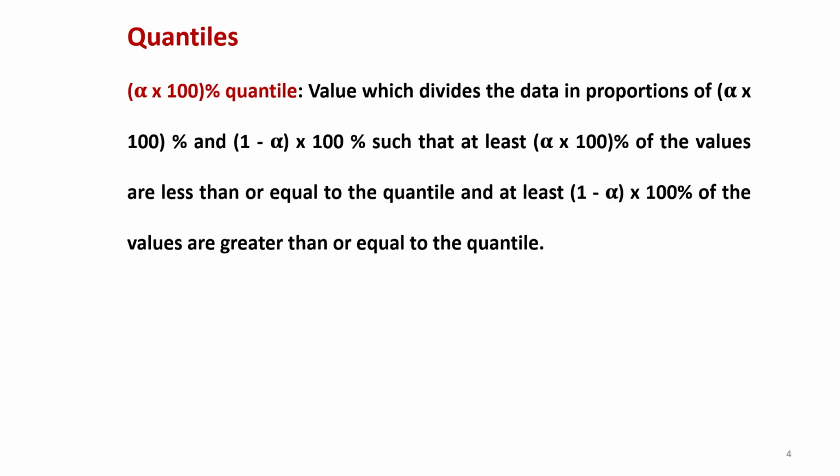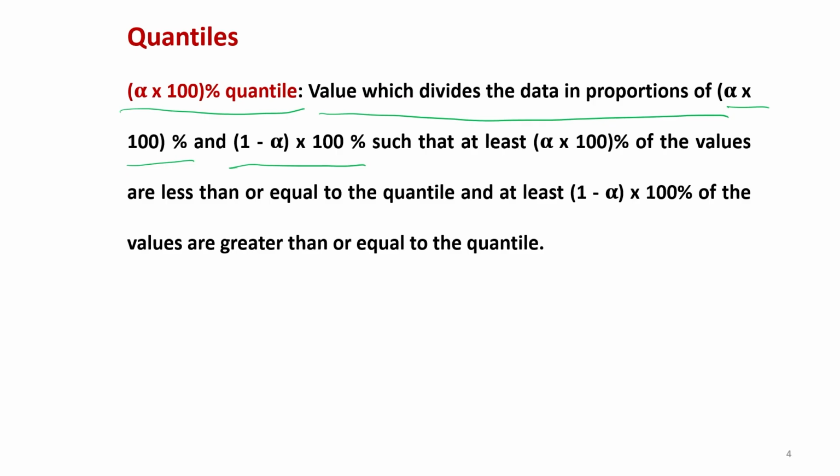So in general, if I try to define any alpha times 100% quantile, this is the value which divides the data in proportion such that alpha times 100% is on one side of the value and the remaining 1 minus alpha times 100% values are on the other side of the value.